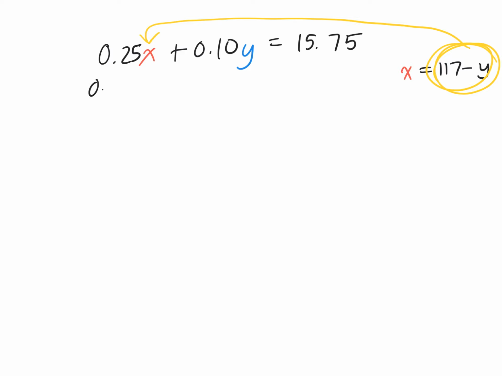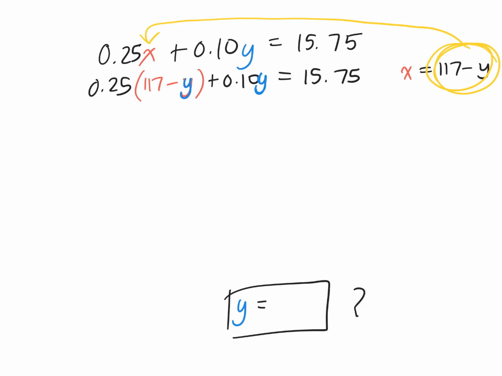So instead of writing 0.25 times x, I'm going to write 0.25 times what? 117 minus y. You're replacing x. Plus 0.10y equals 15.75. So now we only have y in the equation, so we can actually solve for y.